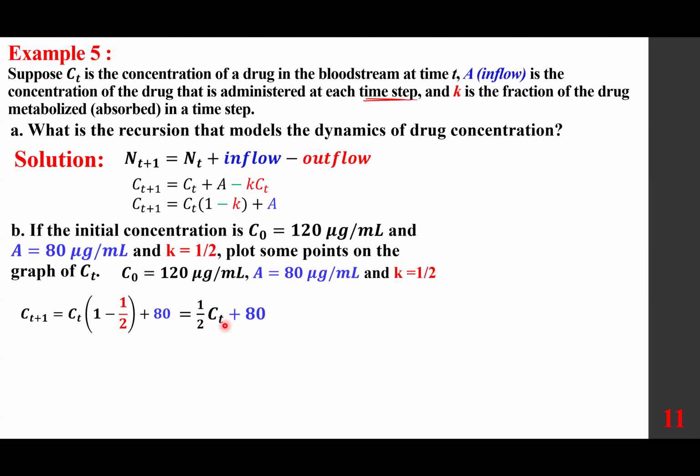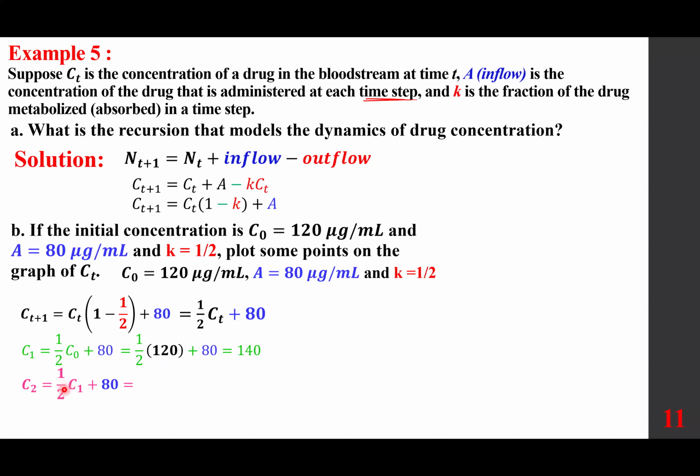C sub 1 is half of C sub 0 plus 80. That means half of this, 120, 60, and 80, they add up to 140. According to this formula, C sub 2 is half of C sub 1 plus 80.